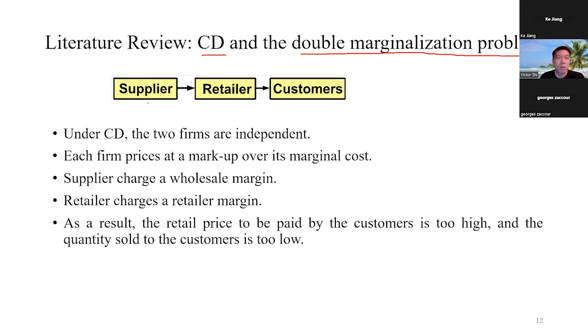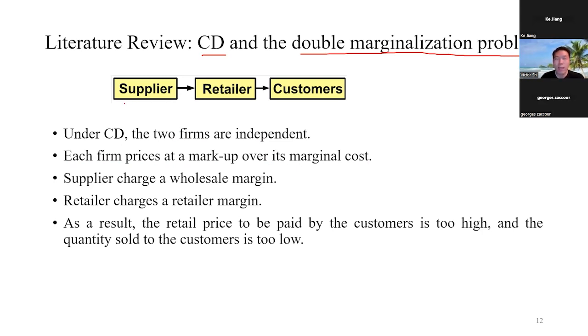Let's use this supply chain as an example. It's a very simple supply chain, probably the simplest you can have: a supplier sells to a retailer, and the retailer sells to customers. If this supply chain is completely decentralized, the two firms are independent, so each firm prices at a markup over its marginal cost.